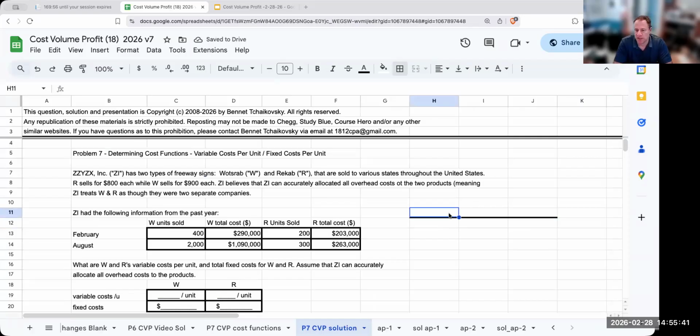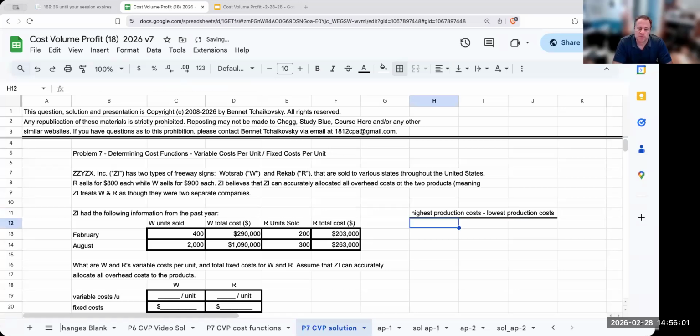But what this is going to be is the highest production costs minus the lowest production costs.